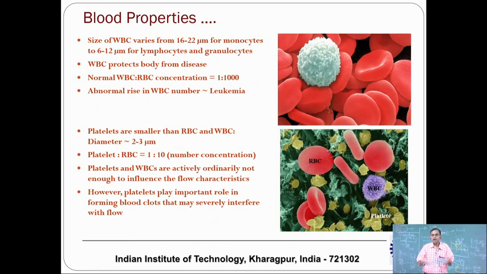But the other factors are also important, like the white blood cells, which protect the body from diseases, and platelets, which are not normally influencing the flow, but are important in forming blood clots. They may severely interfere with the flow if blood clot formation is either enhanced or resisted.